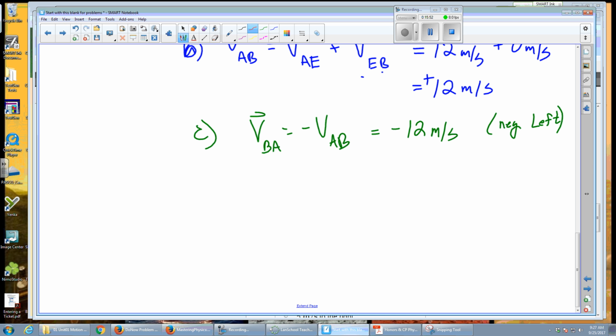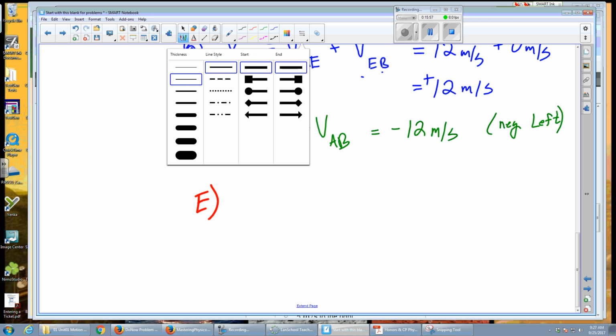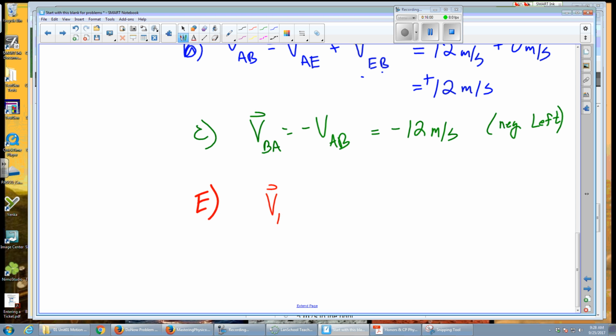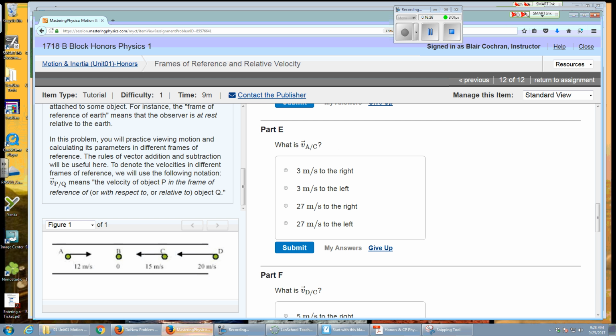So we're on to E, part E here. Oops, forgot that. So we want the velocity of A with respect to C. And so we can do the velocity of A to the Earth plus the velocity of the Earth to C. So that would be A to the Earth was positive 12 meters per second, if I remember correctly. Yep. And C to the Earth was negative 15 meters per second.